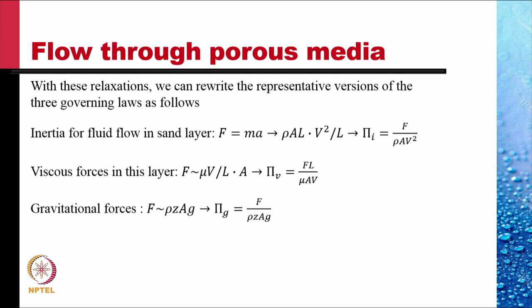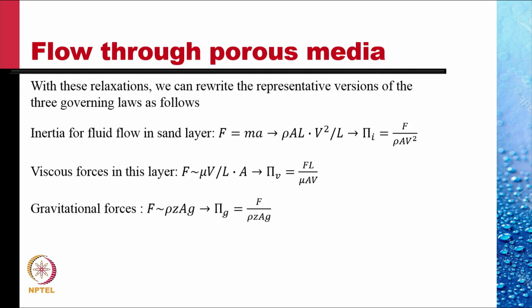Viscous forces in the same layer, characteristic length L: force is mu V divided by L times the area, so that the pi number is F L divided by mu A V.